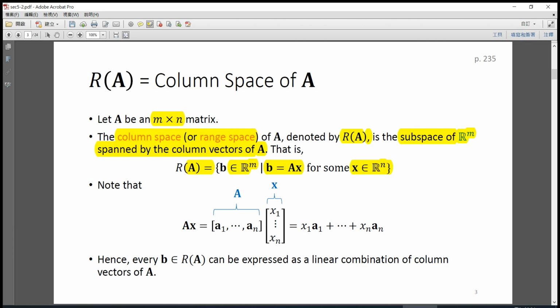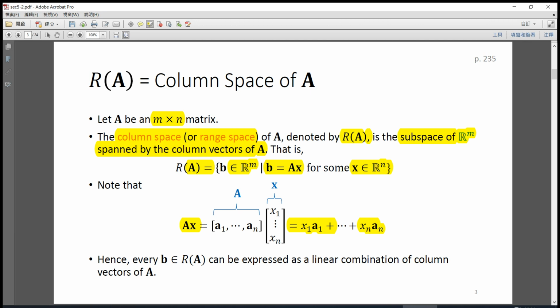We know that Ax equals x1a1 plus x2a2 plus up to xnan, which is a linear combination of column vectors of A, and x1, x2 up to xn are the coefficients of the linear combination.